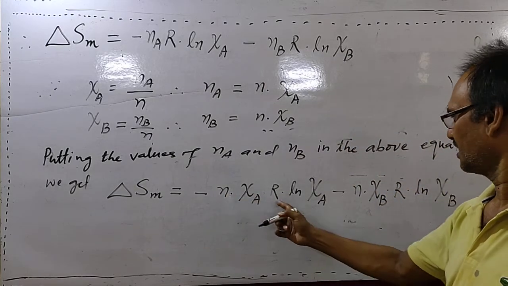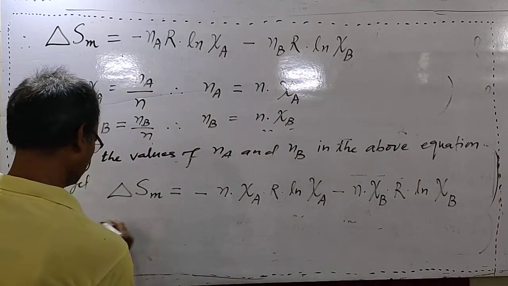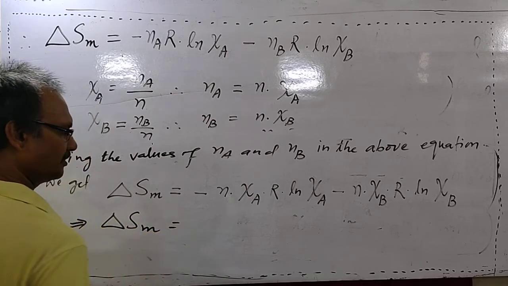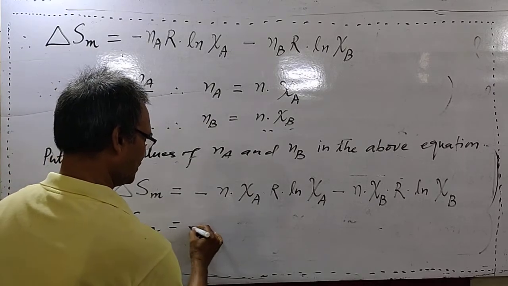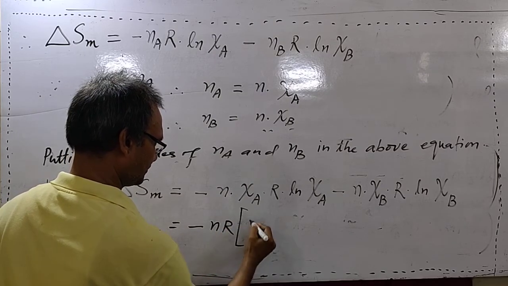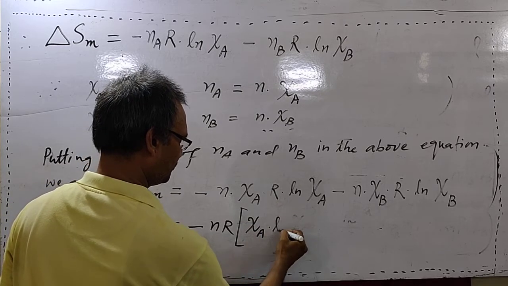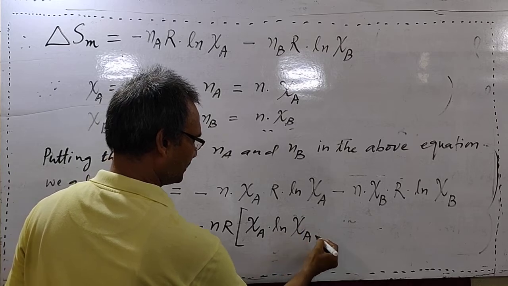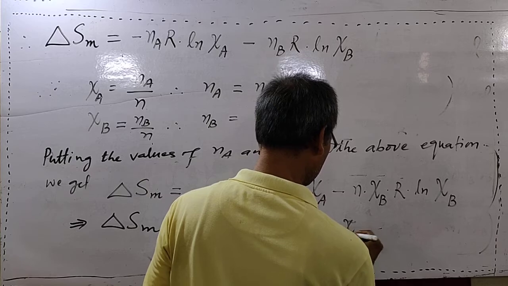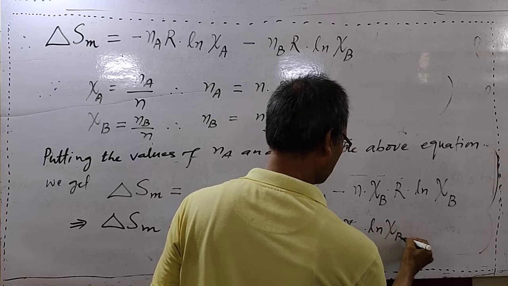Take common nR. Delta S_m is equal to minus nR [chi_A ln chi_A minus chi_B ln chi_B].